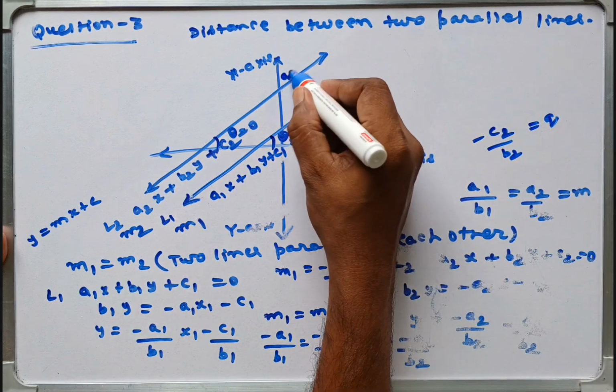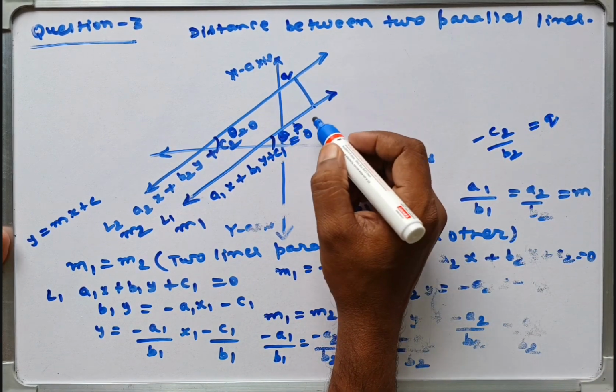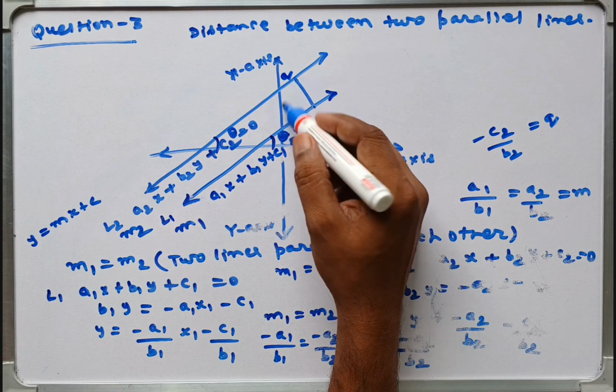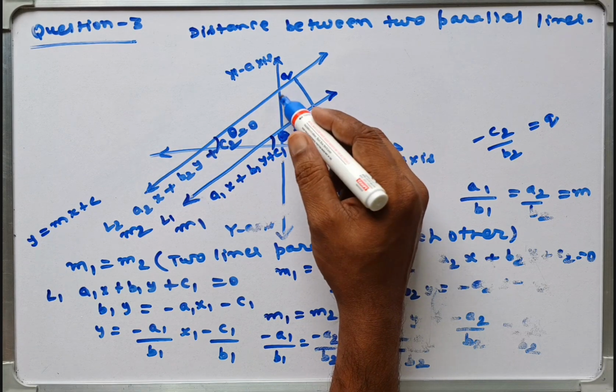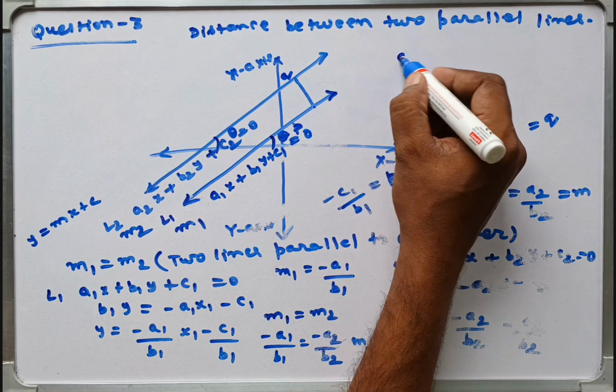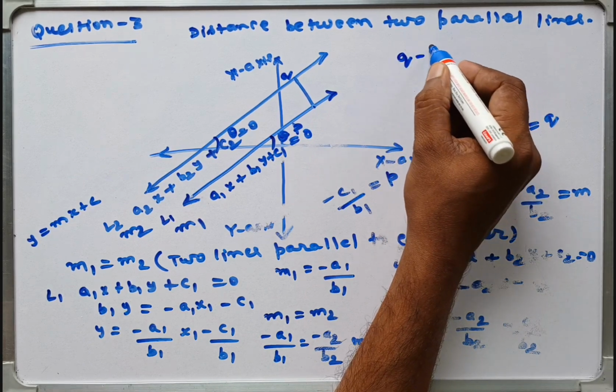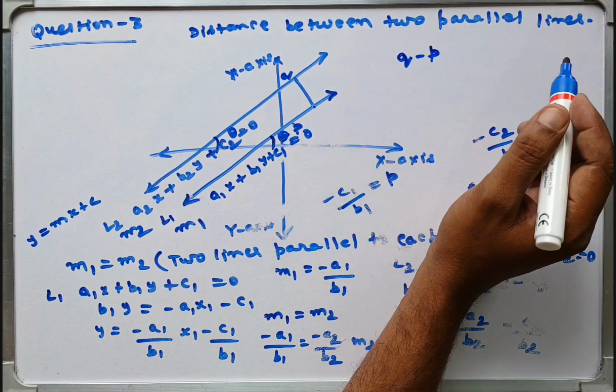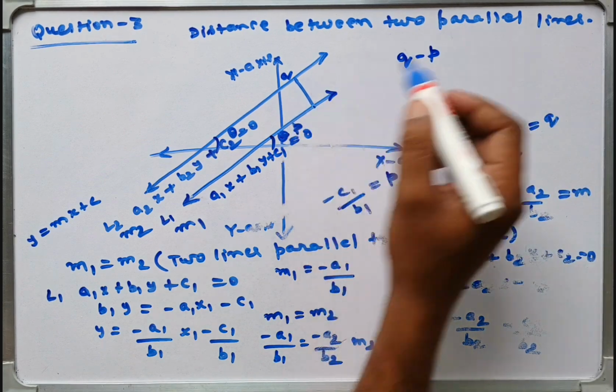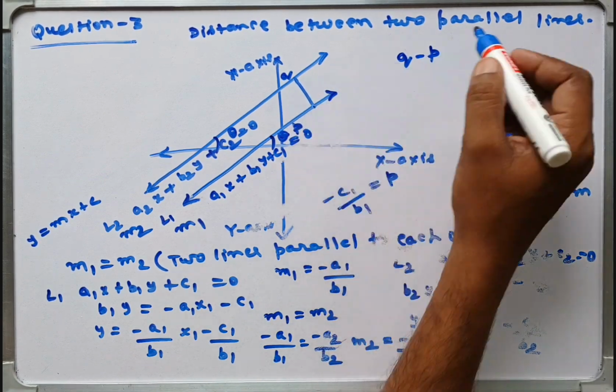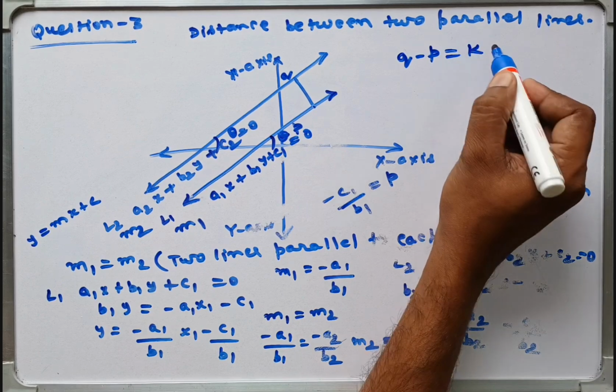So this will be q and this will be p. So the vertical distance between these two equals q minus p. Now say this is equal to k.